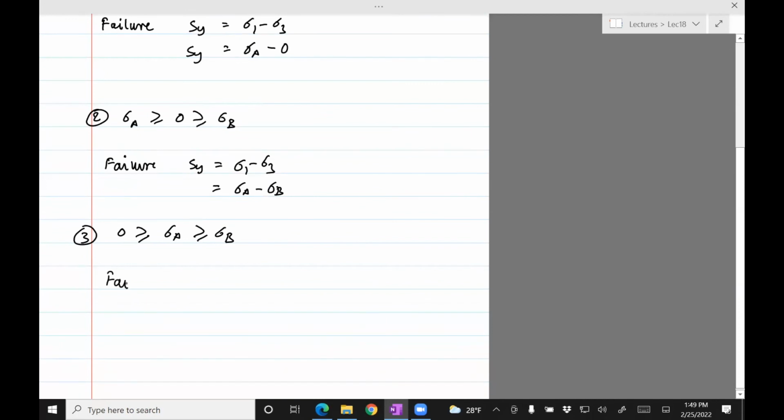So your failure will occur when Sy equals sigma 1 minus sigma 3, which would be 0 minus sigma B. Because sigma 1 is 0, sigma 3 is sigma B.